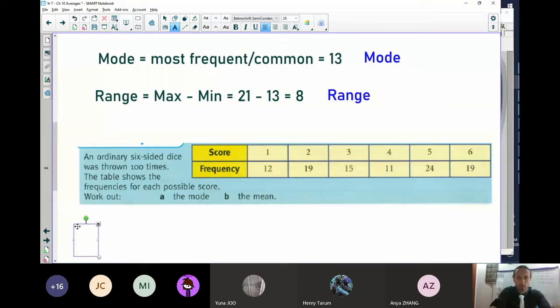The mean is going to be equal to 1 times 12.